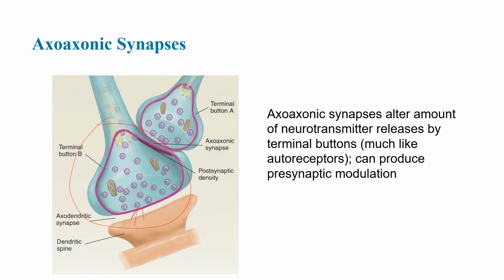It's either going to increase the amount of vesicles that reach the surface and the amount of transmitters that are released, or it's going to decrease them. Quite often this is a terminal bud on the same neuron, not on a different neuron. Sometimes there'll be terminal buds on different neurons, but often these are terminal buds on the same neuron, and they're basically acting as a form of modulation.